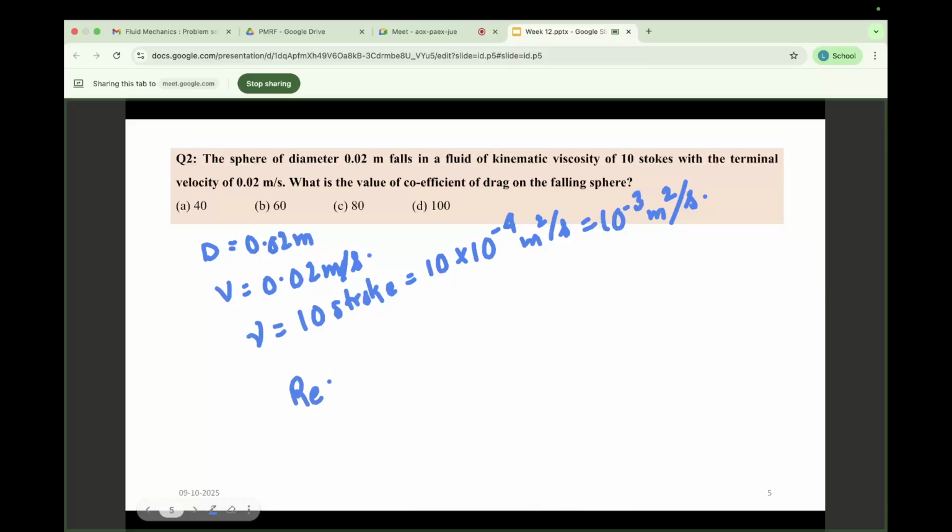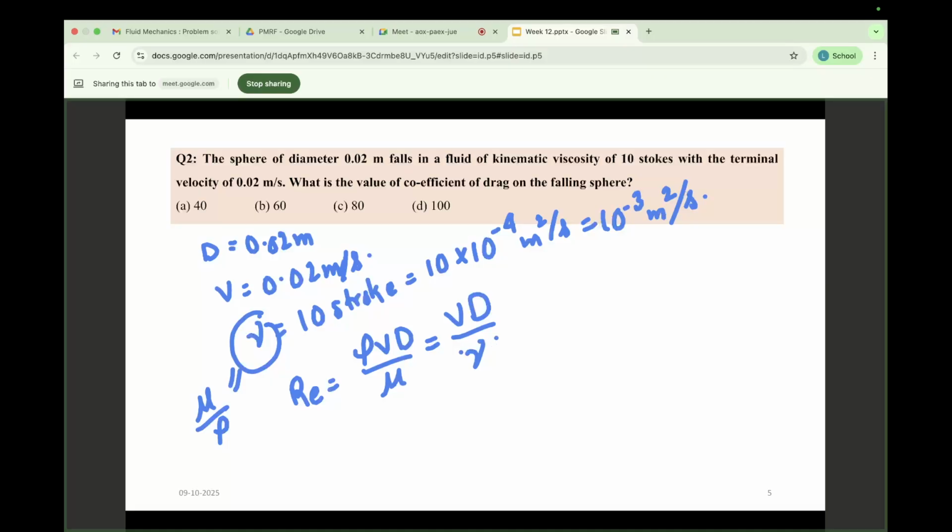What is the Reynolds number? We know that it is rho V d by mu. And mu by rho is the kinematic viscosity nu, so ultimately I can write this as V d by nu. So I can put the values here: 0.02 into 0.02 by 10 to the power minus 3.